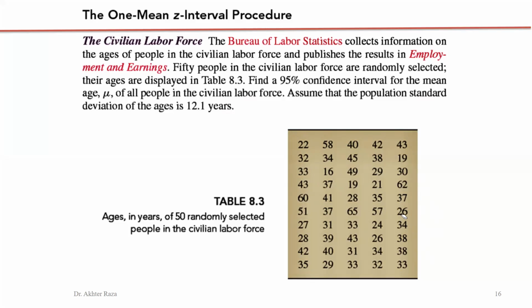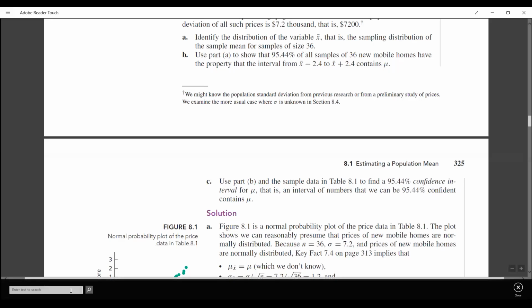Or if it does not come directly into SPSS, then there is a possibility that we will switch this data to Excel first, and then from Excel move into SPSS. So these are the few steps that are needed to complete the normality of the data. How to reach the same problem in the book?